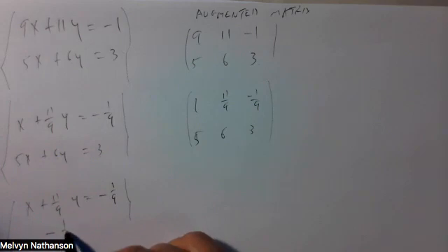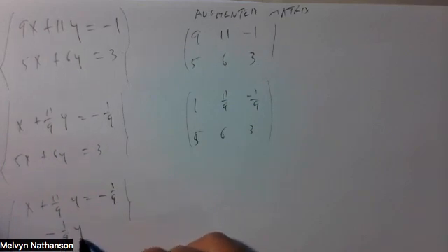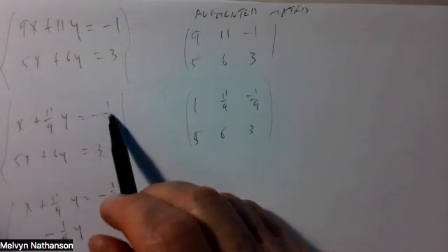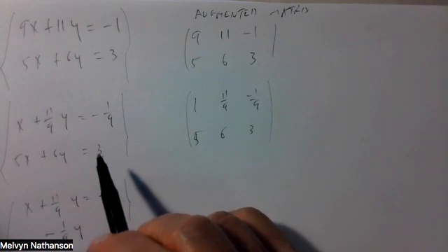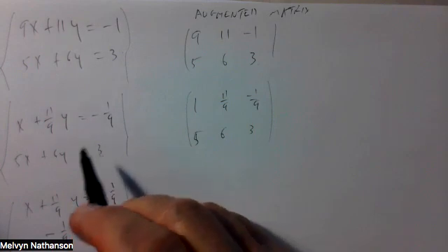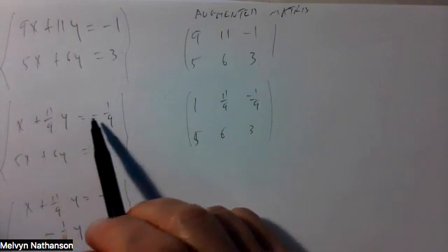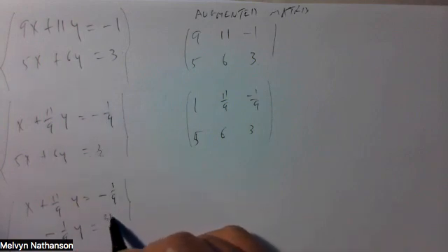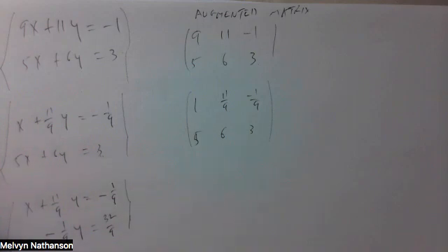So I get minus 1 over 9 y. 3, I'm subtracting 5 ninths. Sorry, minus 5 times this is plus 5 ninths. 3 plus 5 ninths is 32 over 9. And so I eliminated the x.